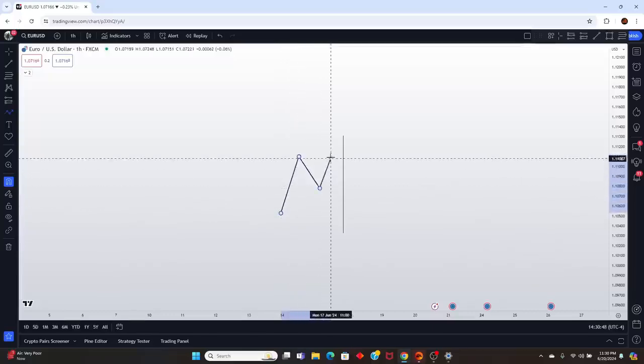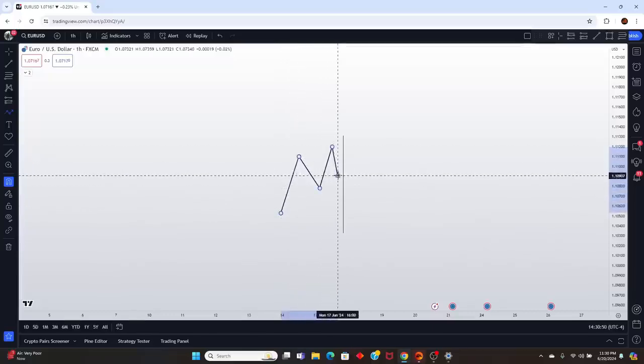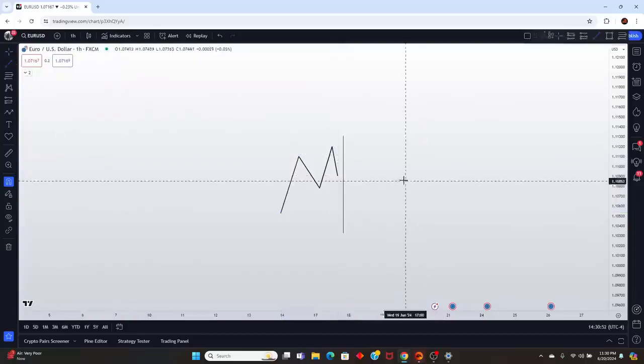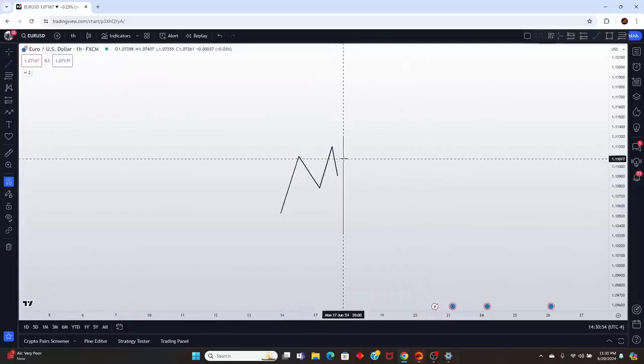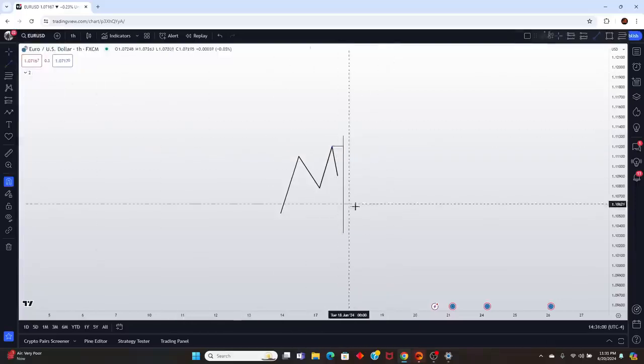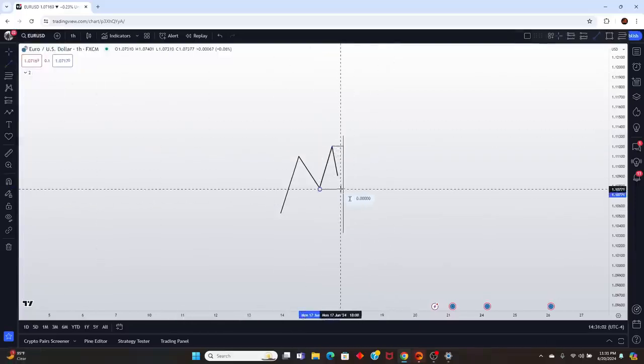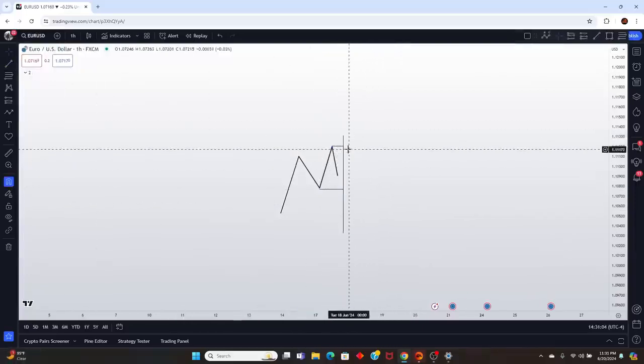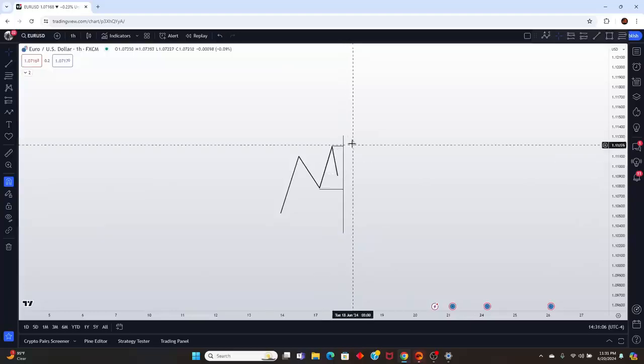So it's going to be this and this. So before 8 p.m. or 20 New York time, just mark out the most recent high and the most recent low.